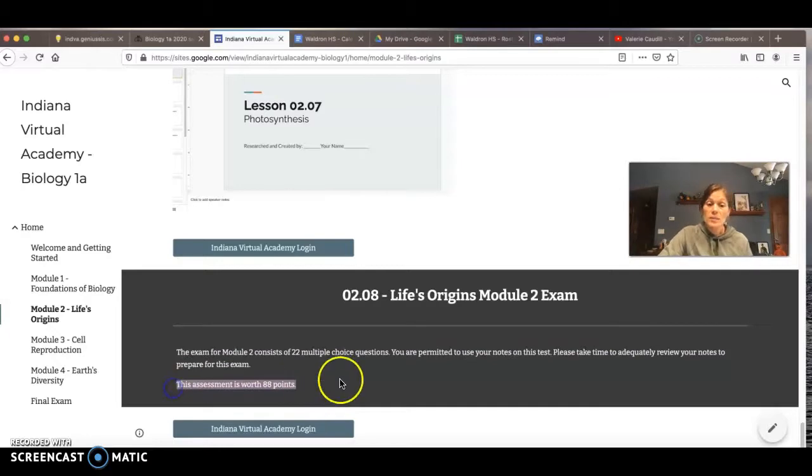And this assessment is worth 88 points. Okay, so 88 points is quite a lot. Every assignment that you have done, even the lab reports, are only 40 points at most. So make sure you take some time to review your work, review your notes to adequately prepare for this exam. Let me know if you have any questions before you get started on the exam.